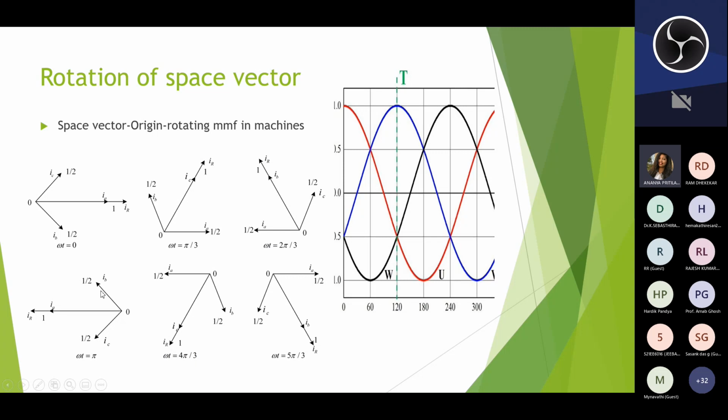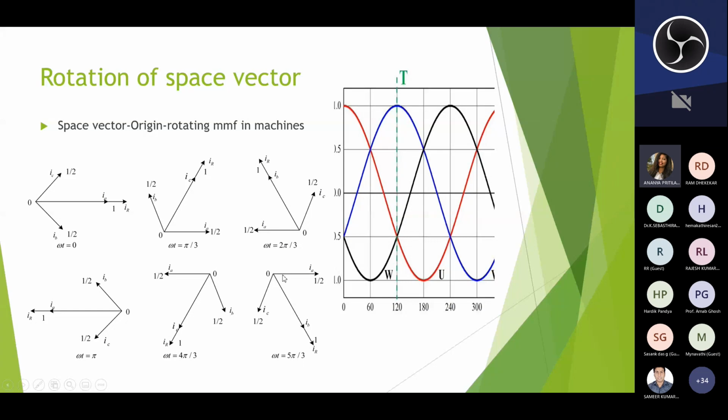At omega t equal to pi, IB is positive, IC is positive, but IA is negative, so the resultant will be along the negative IA axis. At omega t equal to 4 pi by 3, IA is negative, IB is also negative, but IC is positive, so the resultant will be along the C axis.